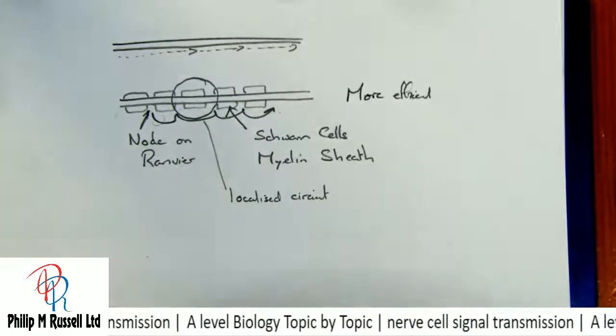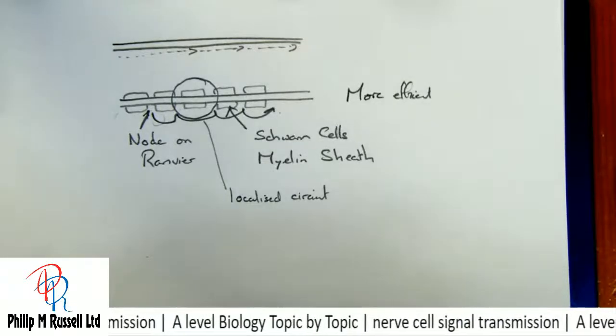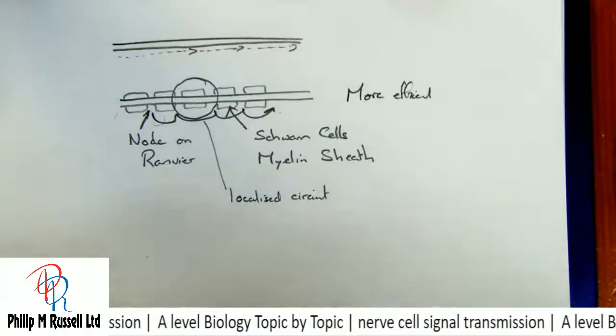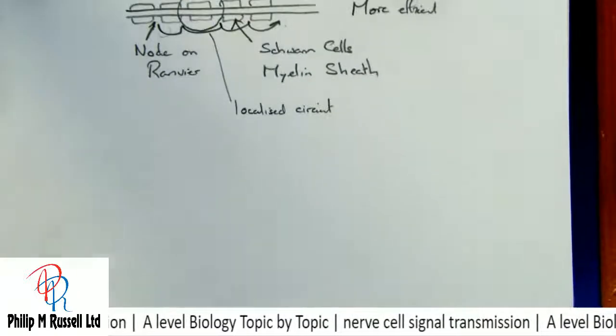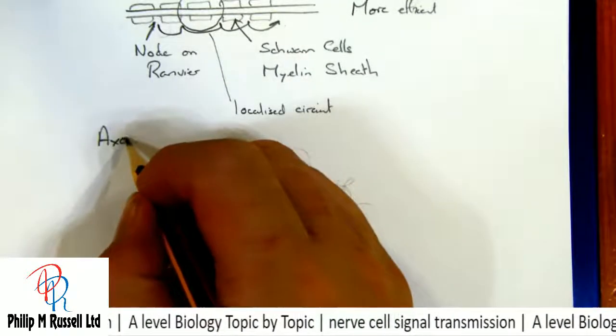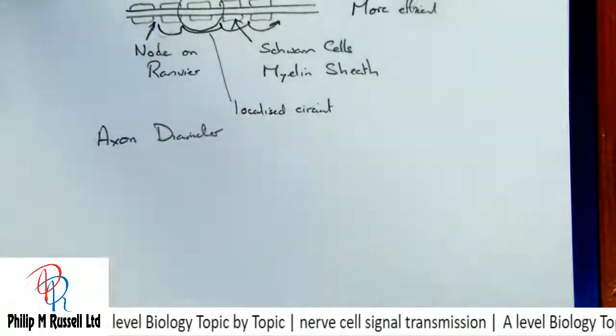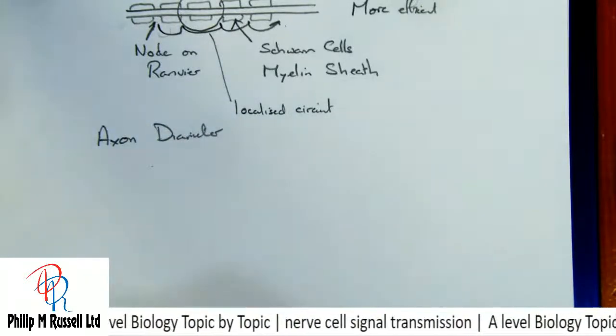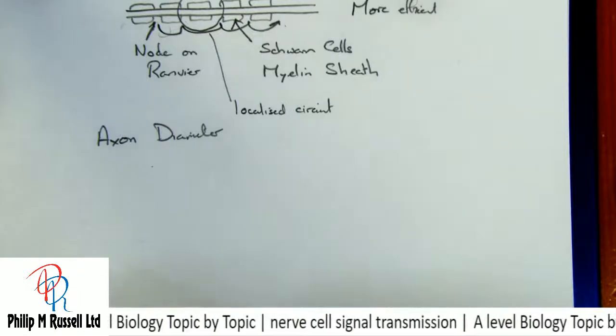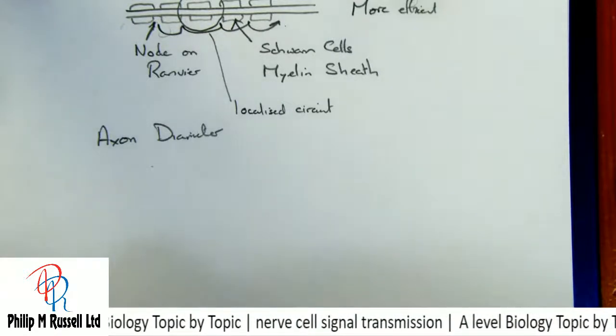Two other factors, of course, affect the speed. One thing that affects it is going to be the axon diameter. The larger the axon, the faster the impulse is going to be travelling down.